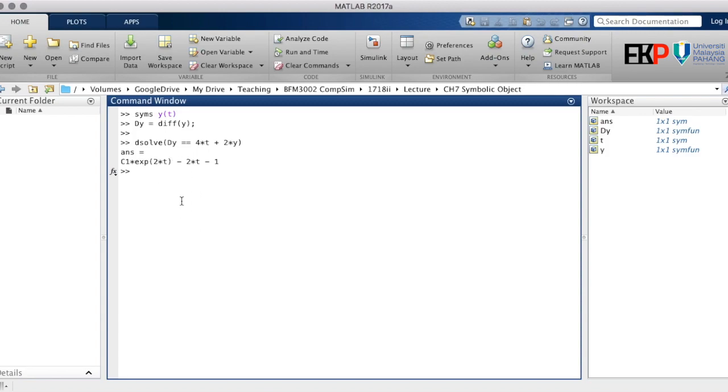We can also calculate the second order ordinary differential equation, and in this case we define d2y, which indicates the second order differentiation, that is equivalent to diff of y comma 2. Remember, in the previous lesson we said that comma 2 here means the second derivative of y. So we can press enter here. Now d2y appears as another symfunction.